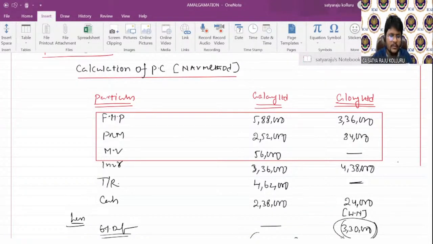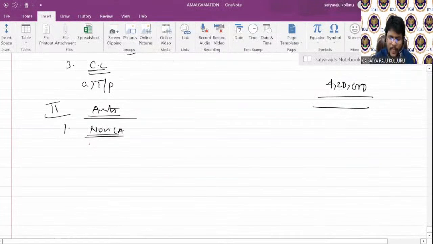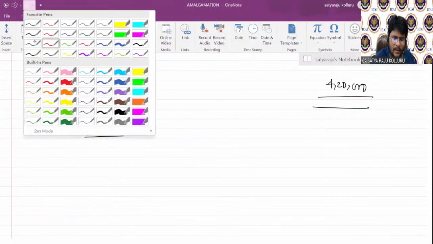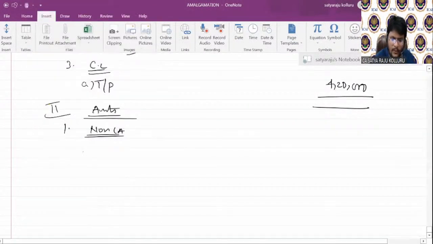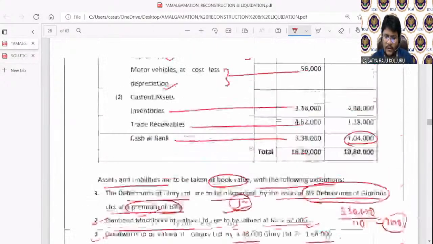Total is 13,16,000. So A, PPE is 13,16,000.